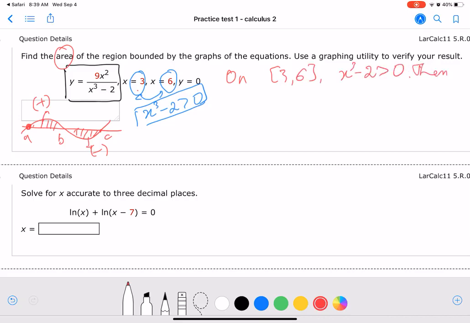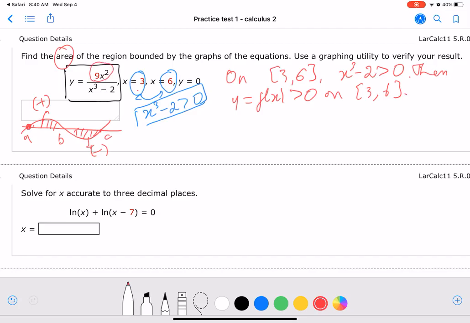Then the function y equal to f(x) is greater than 0 on this interval. Done. Because on the top you have 9x squared.